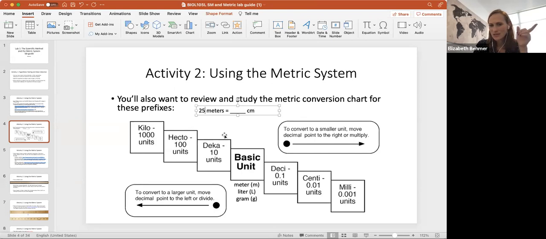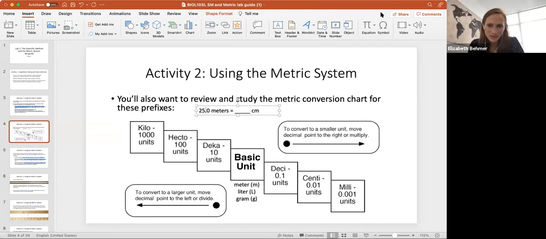The decimal point, if you don't see one, is always at the end of a number. So 25 meters is actually 25.0, and the point is the decimal point. So if we're moving from meters to centimeters, we're going from a larger to a smaller unit of measurement. So we're going to move the decimal point to the right.